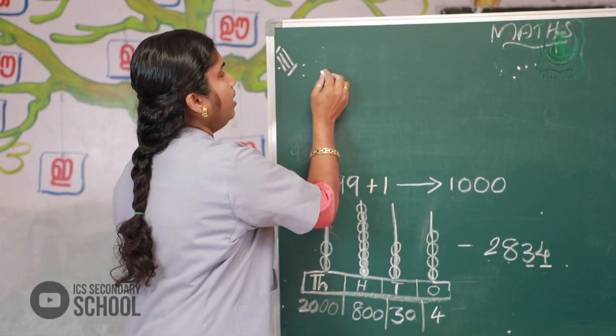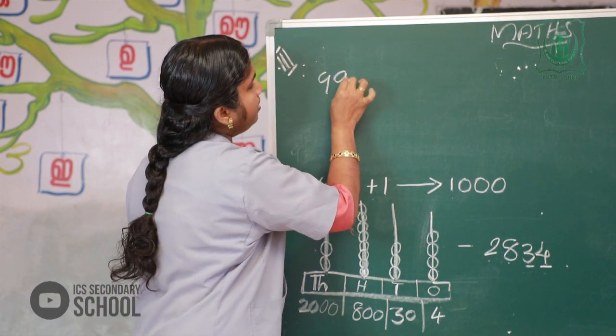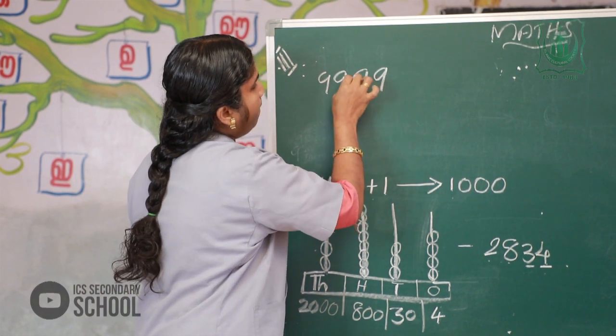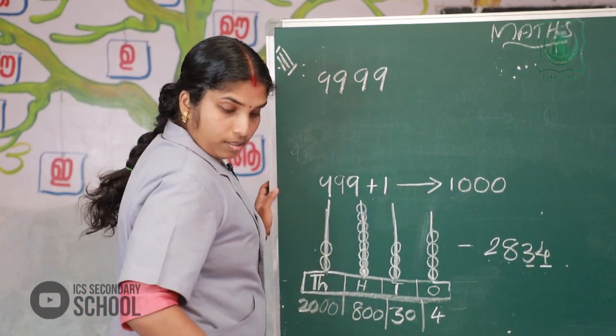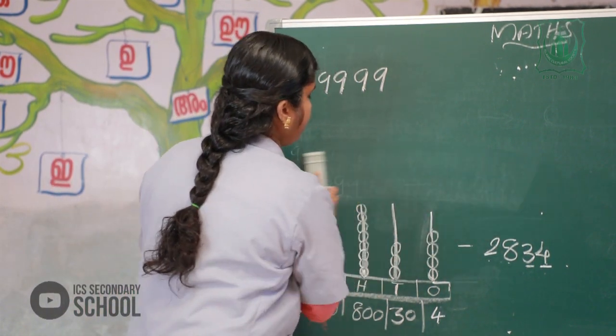Okay, 9999. How to draw the spike abacus?